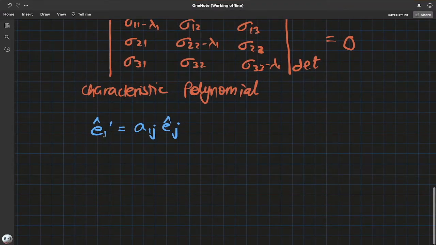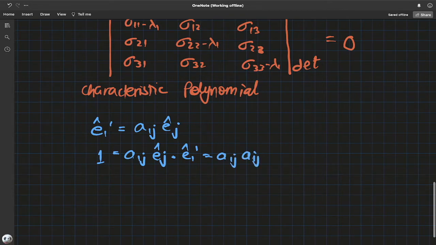And what we can do is dot both sides by, say, E1 prime, and we get 1 here. A1j Ej dotted with E1 prime, we get A1j, which is like saying A transpose A equals 1.